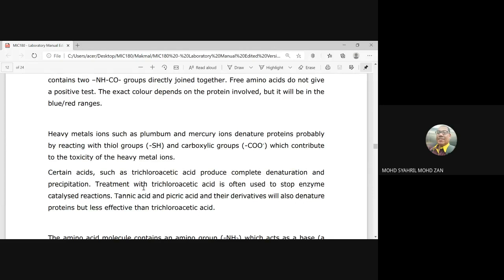Another one, we use tannic and picric acids, and their derivatives will also denature protein, but less effectively than trichloroacetic acid. So once we put tannic or picric acid into proteins, akan berlaku proses denaturation and precipitation.